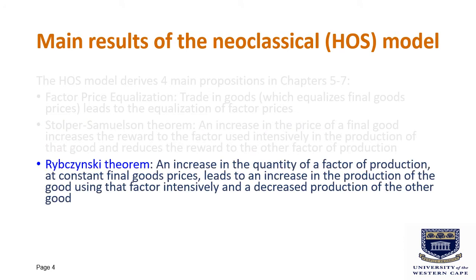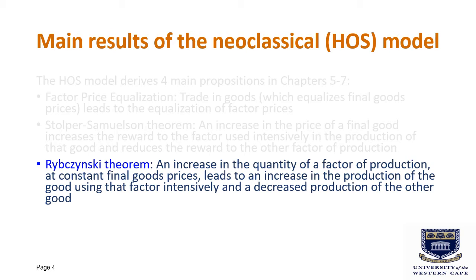The third theorem, the Rybczynski theorem, deals with the quantity of a factor of production. It says that when the quantity of a factor of production increases, then we would automatically increase the production of the final good that uses that factor intensively. On the other hand, the other good would suffer.